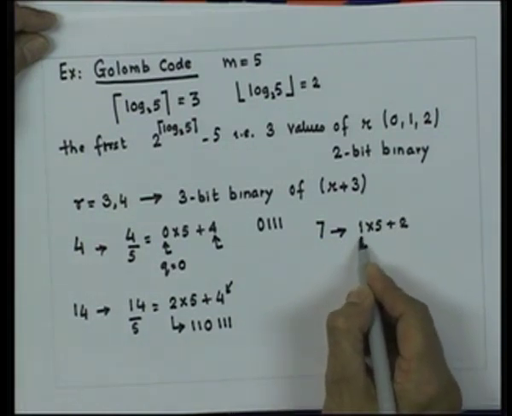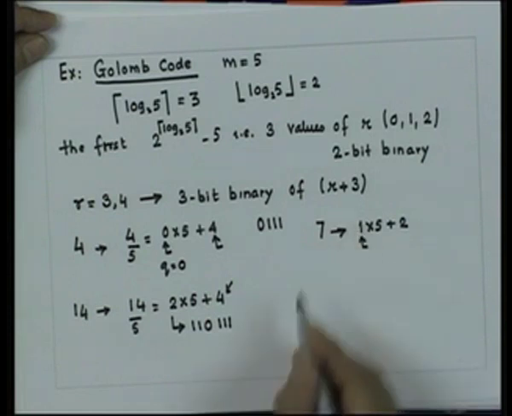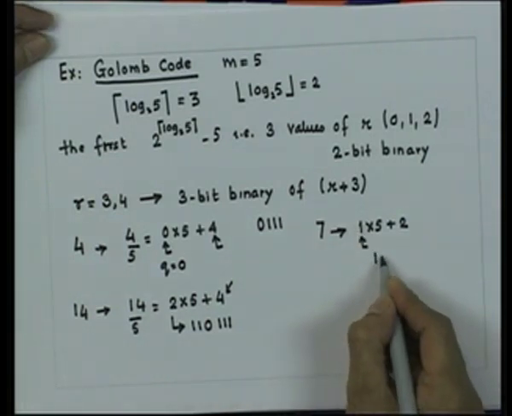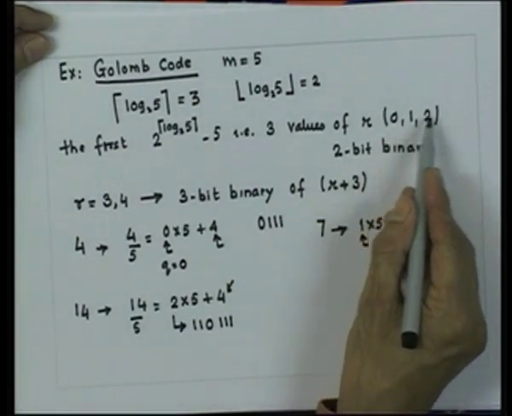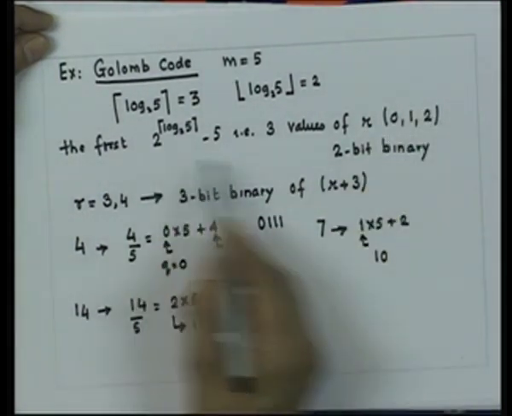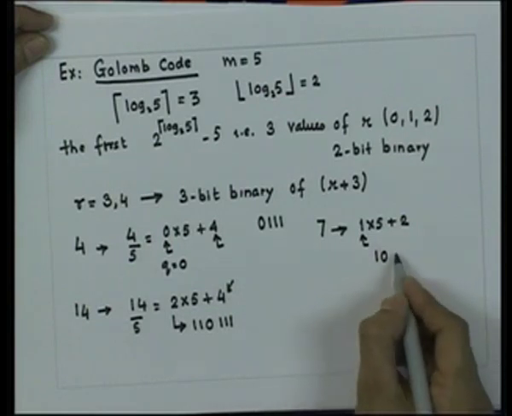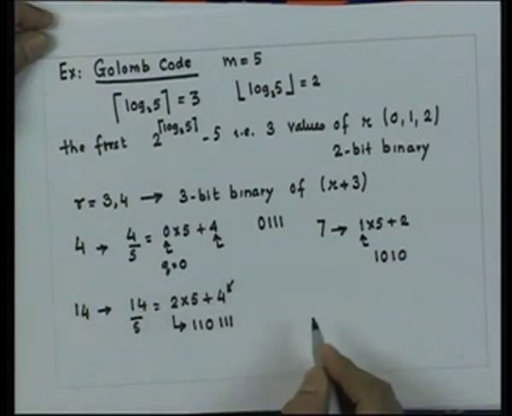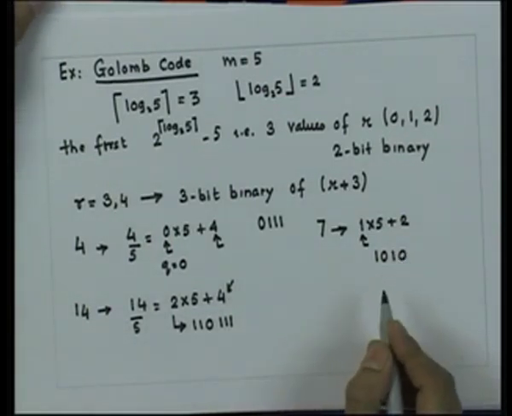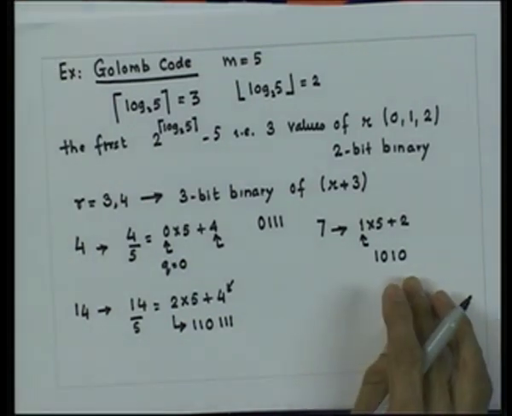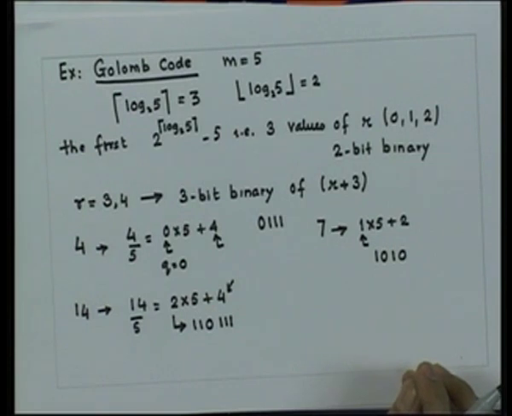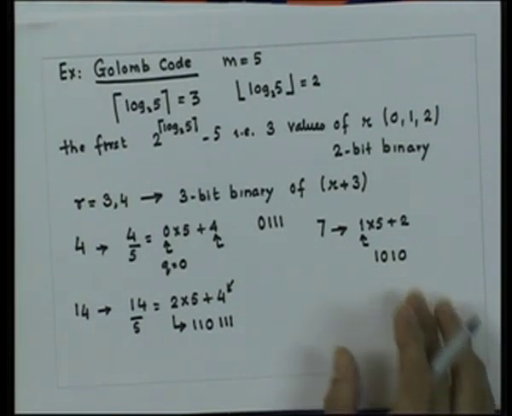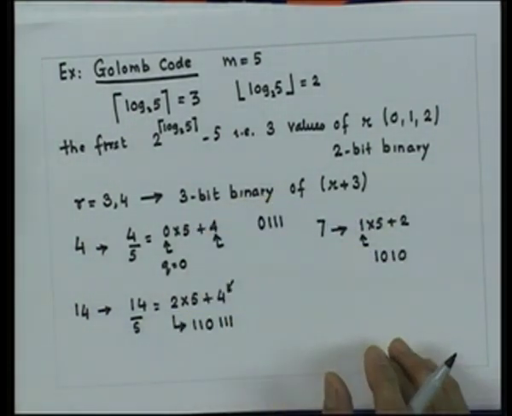The unary representation for 1 would be 1 0, and 2 is in this range, so it is represented by 2-bit binary, that would be 1 0. So, I get this Golomb representation for Golomb codes for different integer values.